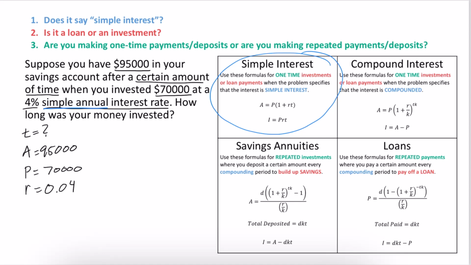And in this word problem, it didn't mention anything about anything happening monthly or quarterly or weekly or anything like that. It just said that we invested $70,000.